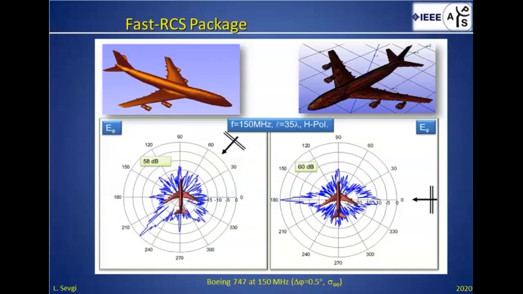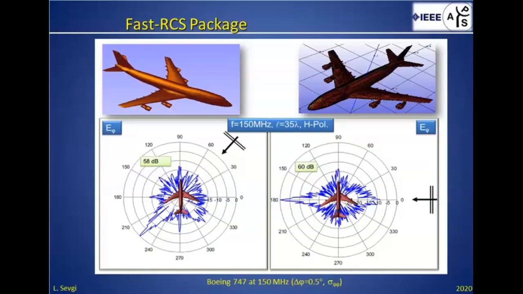Another example where DC-10 is used for two different angles of illumination. So once you write down your package, once your package is ready, or once your FDTD is ready, you can select any parameters.